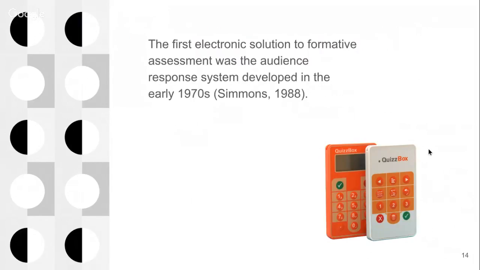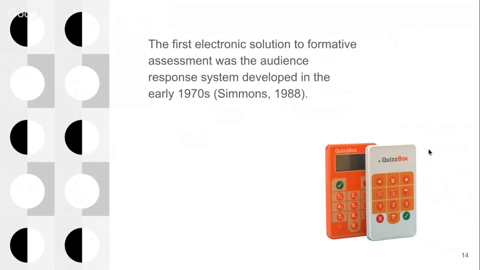And such systems like this tracked individual responses, displayed polling results, confirmed understanding of key points, and gathered data for reporting and analysis. These little handheld dedicated systems allowed students to input responses to questions posed by their instructor.